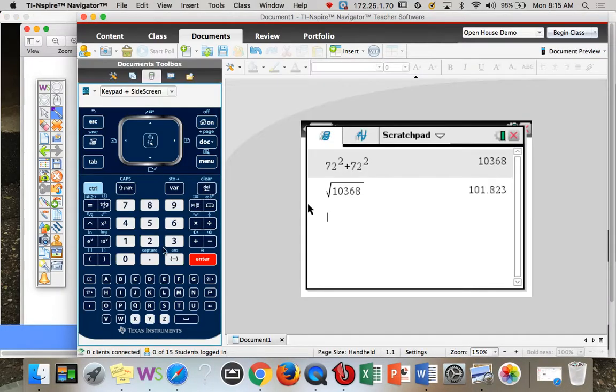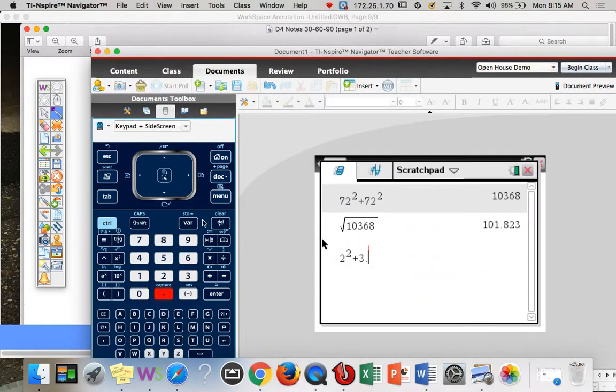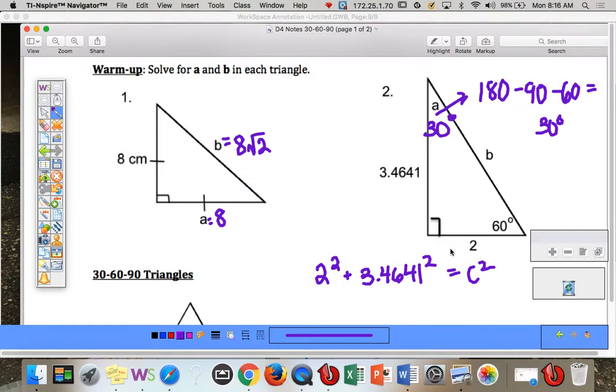We type this in our calculator: 2 squared plus 3.4641 squared, and take the square root of that. The square root of 16 is 4. So this side, C, will be 4.